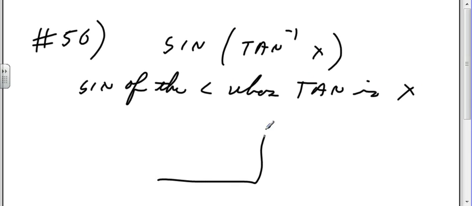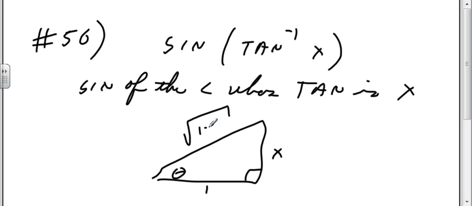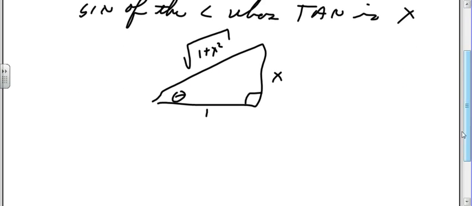So I got some angle. If the tangent is x, then this side can be x, this side can be 1, and the hypotenuse can be the square root of 1 plus x squared. And so I want the sine of that angle.